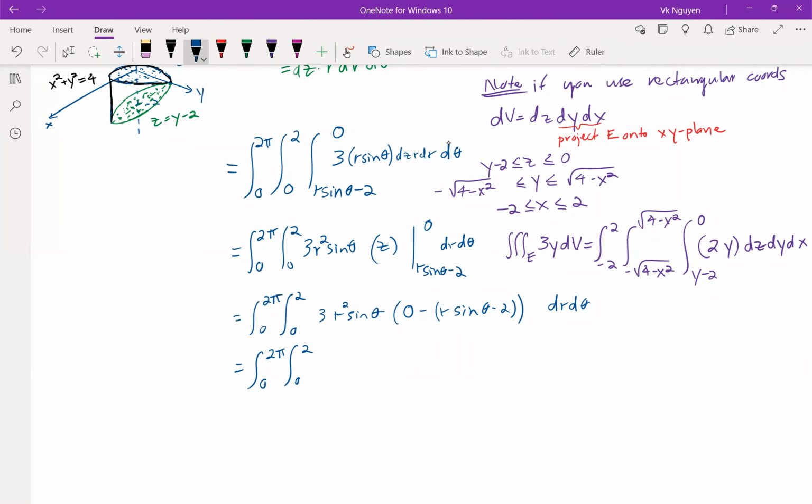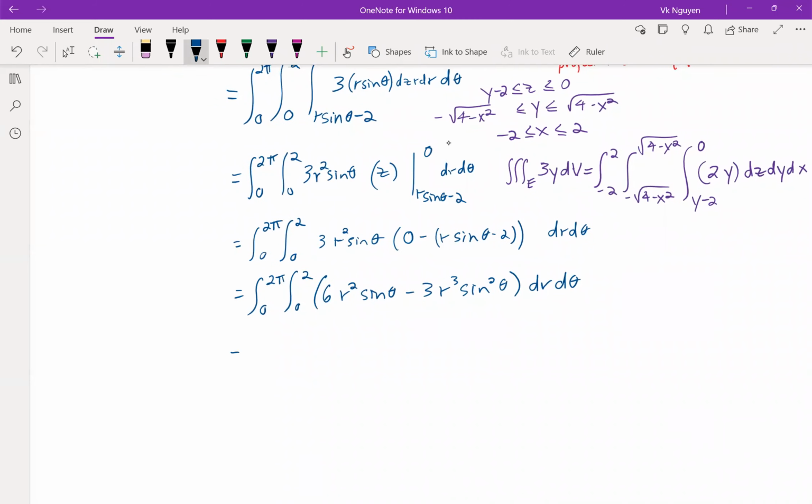3 minus minus is going to be a plus, right? So I'm going to get 6r squared sine theta minus 3r cubed sine squared theta, dr d theta. Okay, and work it out.